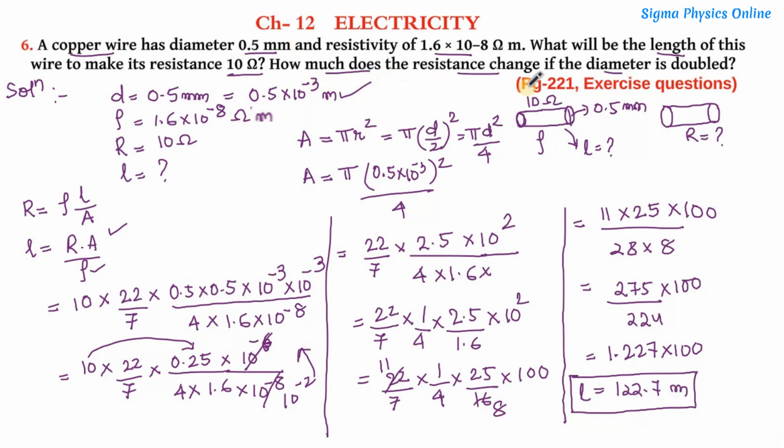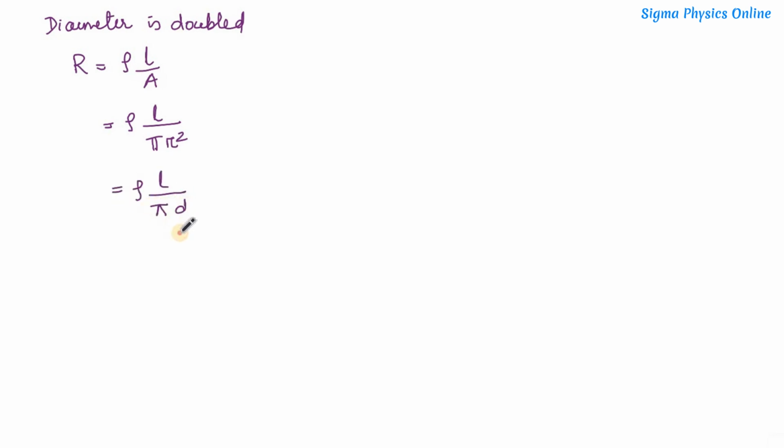Now let's find out how much will the resistance change if its diameter is doubled. It is given that the diameter is doubled. Now the formula for resistance is given by R is equal to rho L by A, which is rho L by pi R square, which is rho L by pi d by 2 whole square, which is rho L by pi d square by 4.